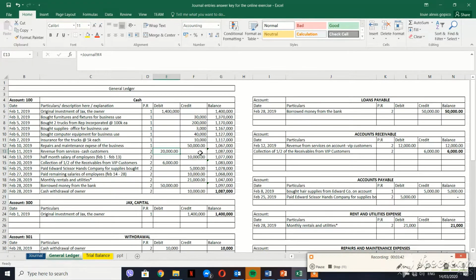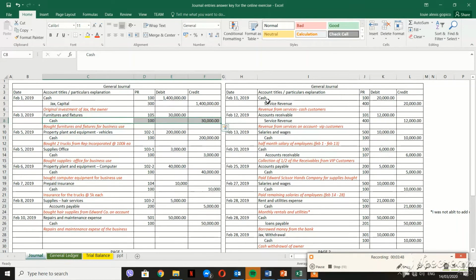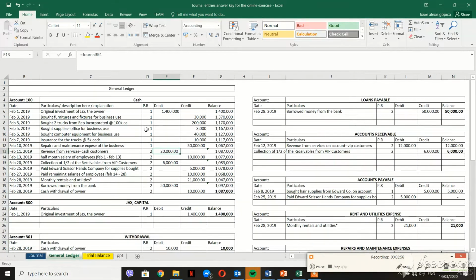So we have an increase in cash because we have revenue. If you look at the journal, February 11, see, cash is debit. We performed services for cash customers. So basically, they pay us money worth 20,000. So our cash again increases on February 11 by 20,000.